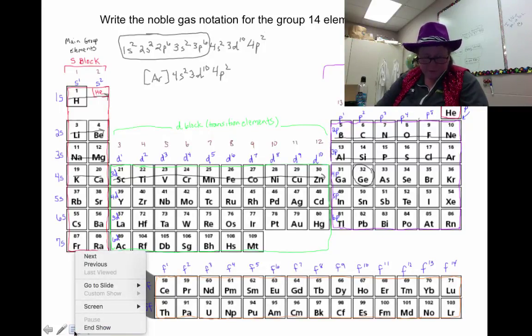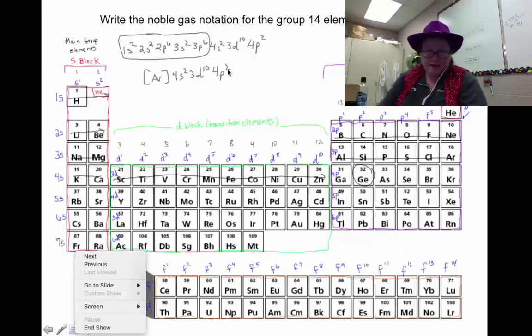Oh, no, we're not going on to the next thing, because what I asked students in class is if they were building this model for germanium, how many energy levels the model would have, how many electron shells the model would have. Everybody looked at it and agreed that we would have 4 energy shells. So we would have electrons in the first, in the second, in the third, and in the fourth.